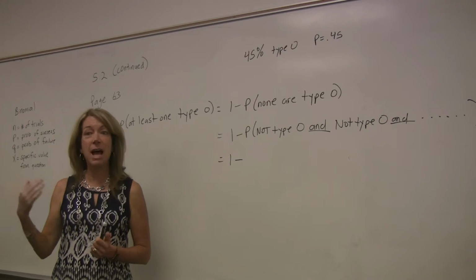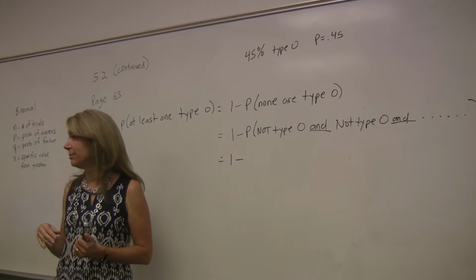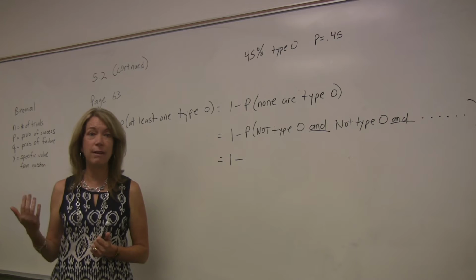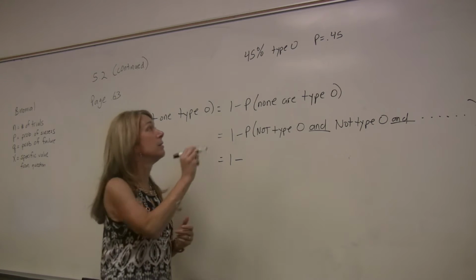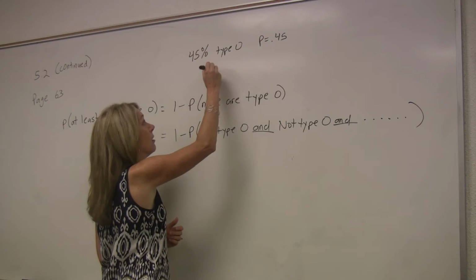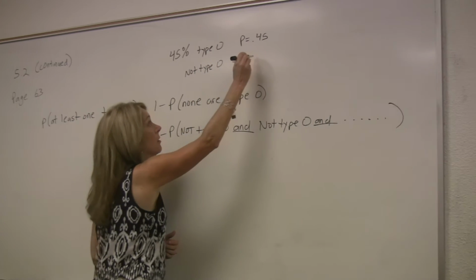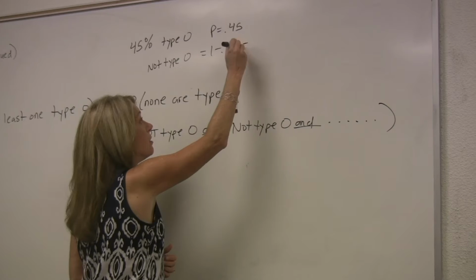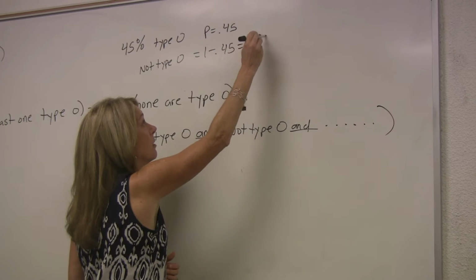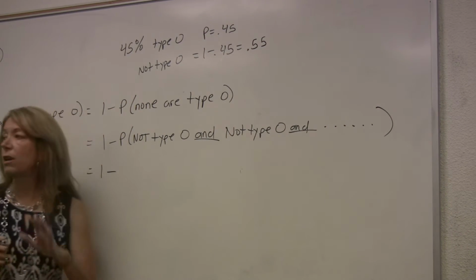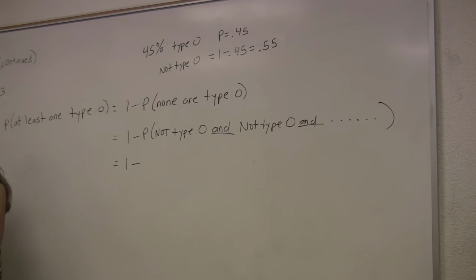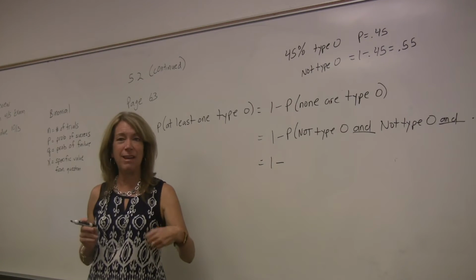We're talking about not type O, so how do we get the 0.55? Subtract it from 1. If you think about percents, you would have come up with the 55%.